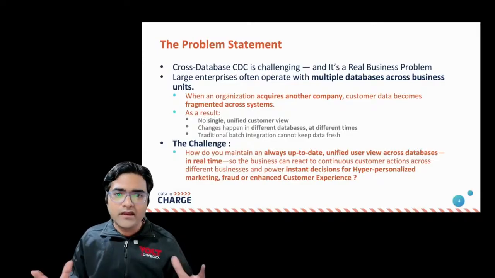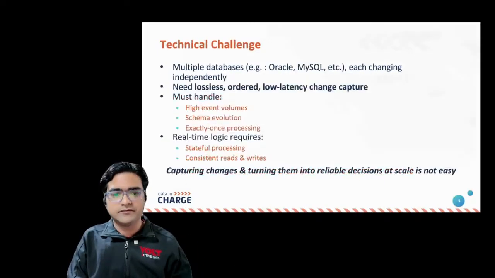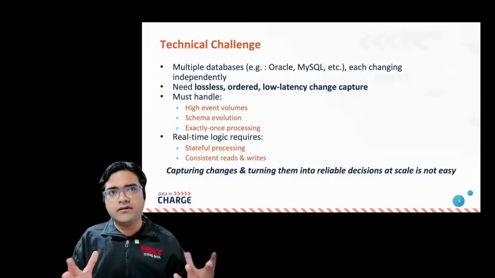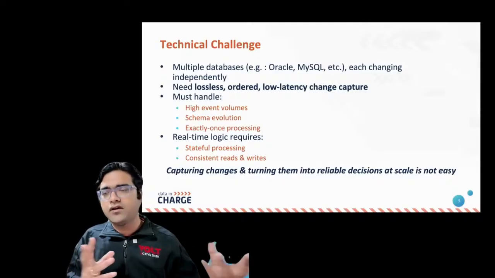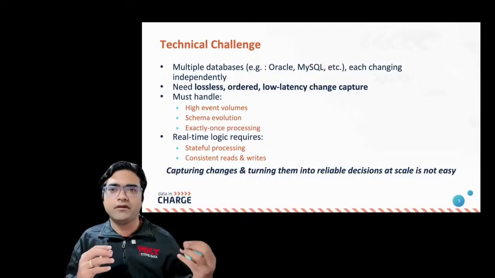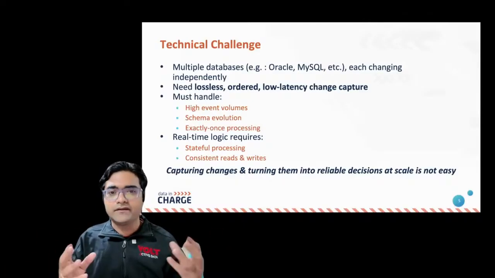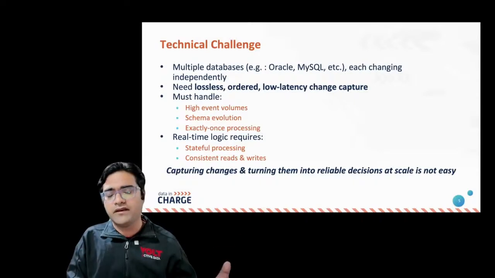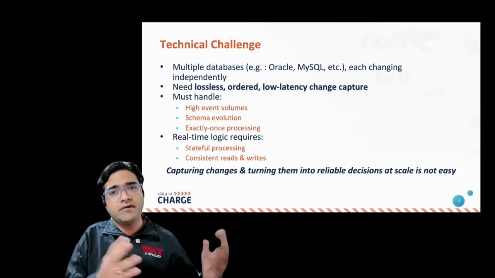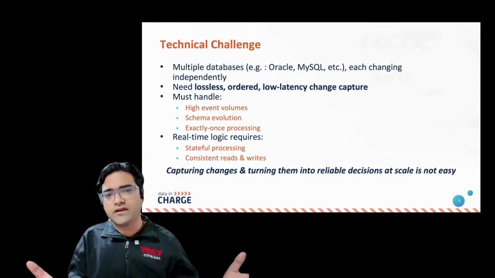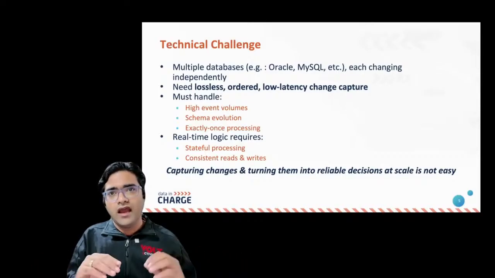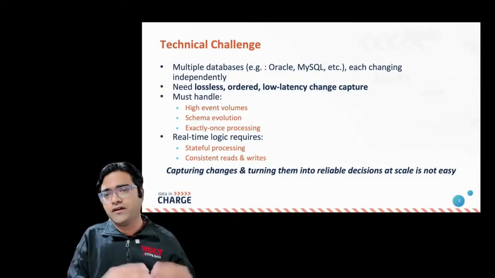There are different technical challenges around it. Let's look at them. For example, let's say the sister organizations in this example are using different kinds of databases, or maybe different versions of databases altogether, or maybe the same versions of databases but used across different organizations. And those databases are being used for different purposes.